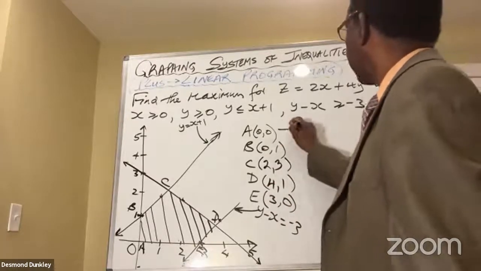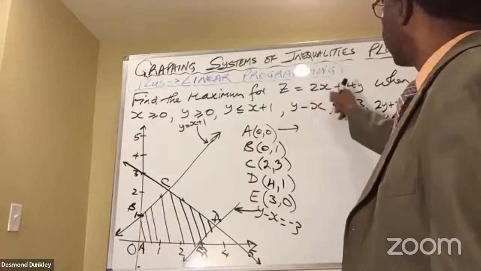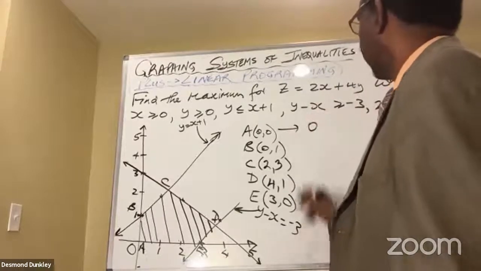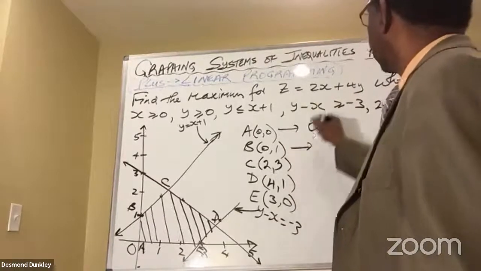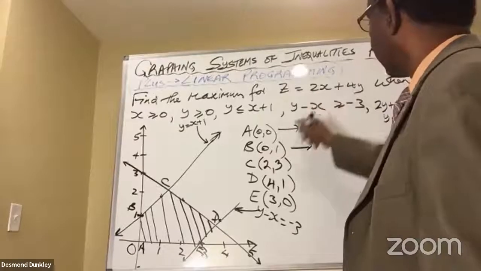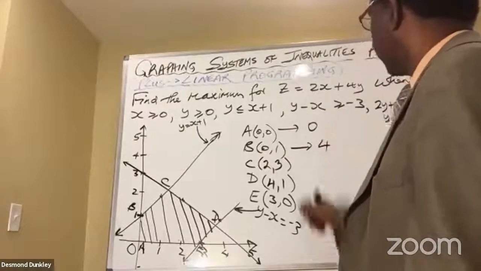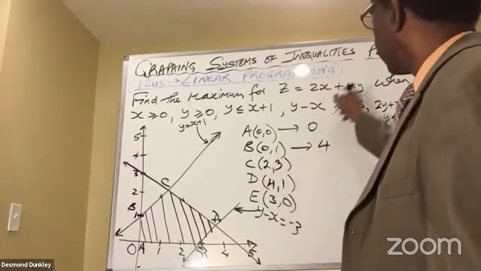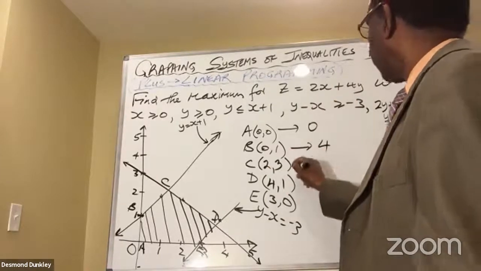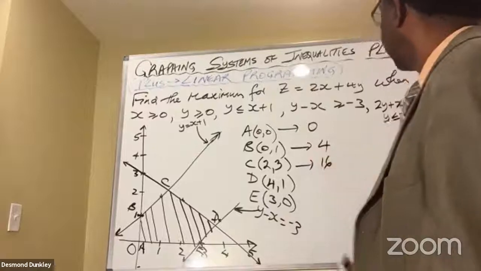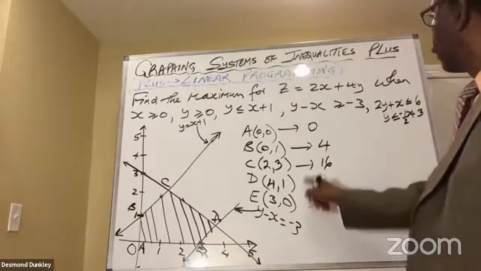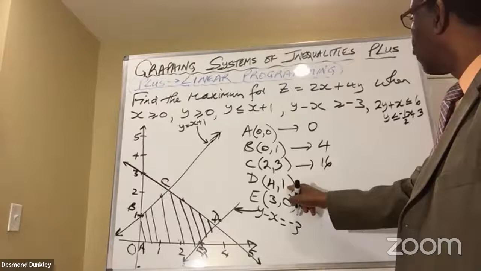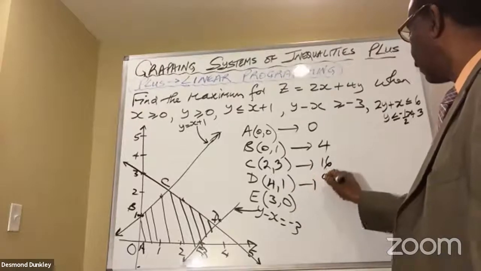Okay, so for this one, it is 2 times 0 plus 4 times 0, that's 0. For this one, it's 2 times 0 plus 4 times 1, so this is just 4. For this one, 2 times 2 is 4, 4 times 3 is 12, 12 plus 4 is 16. For this one, 2 times 4 is 8, plus 4 is 12.